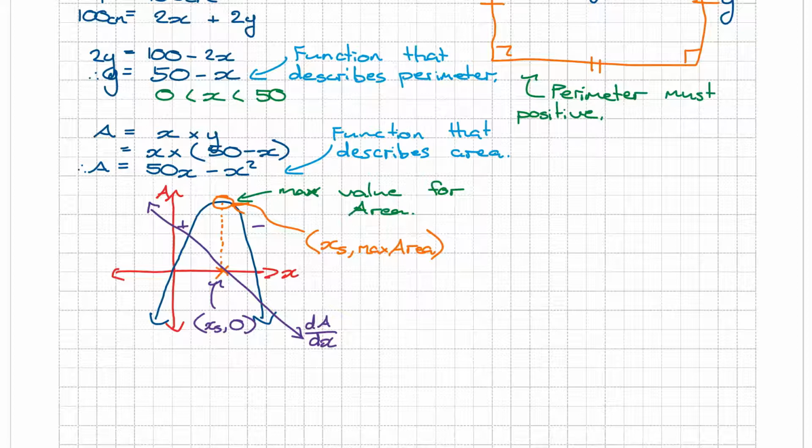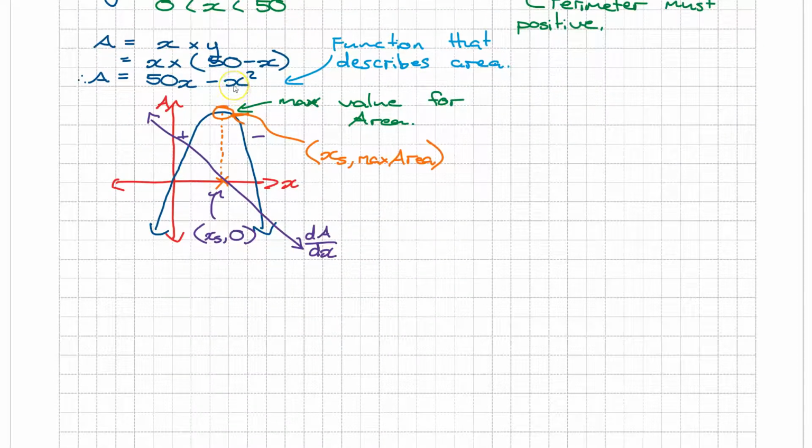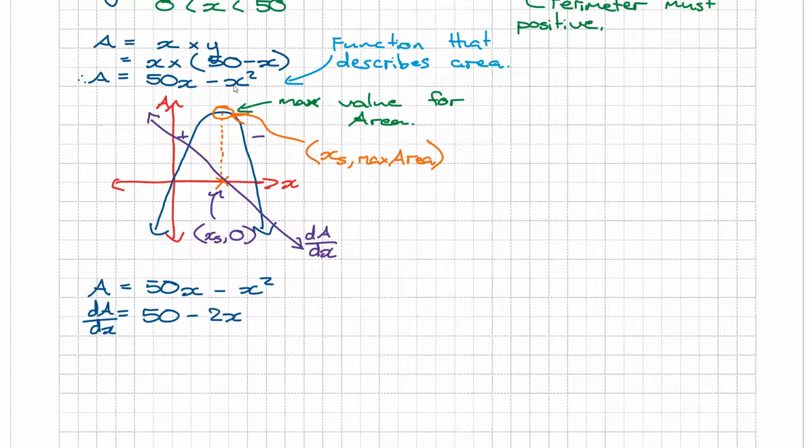Alright, so the question itself is asking us to find this point right here. Now, as I've alluded, to find this point, we're going to take the derivative of our area function. So we're going to go area equals 50x minus x squared. Therefore, we're going to go dA over dx, which will be simple power rule, 50 minus 2x. And then we're looking for this point here.